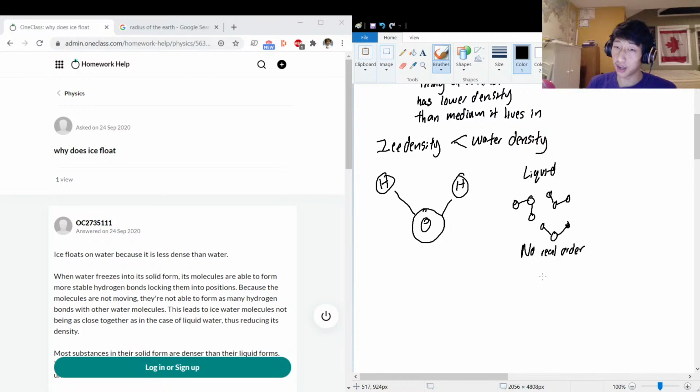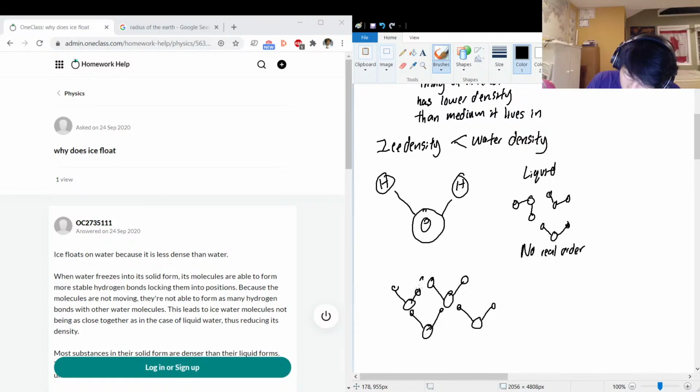They're going to crystallize in a pattern like this. They're going to bond in a very ordered, crystallized pattern like this.